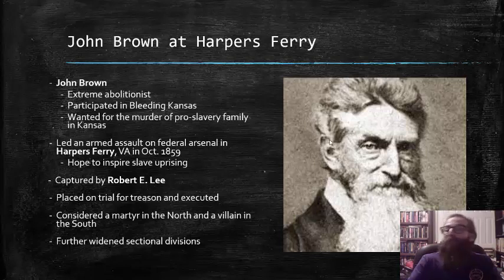He was captured, actually, by Robert E. Lee, who was placed in command of the Federal Army sent to put down John Brown's rebellion at Harper's Ferry. He was placed on trial for treason and executed. And, of course, he was considered a martyr in the North and a villain in the South, and this further widened those sectional divisions.